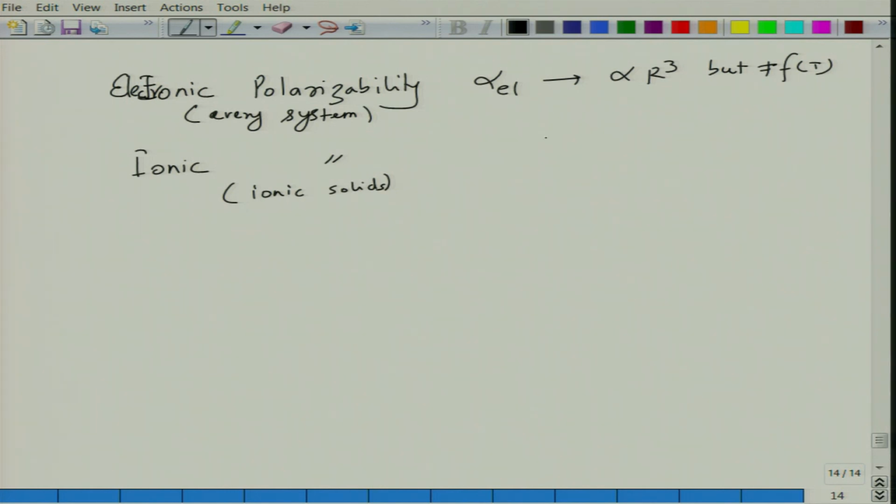In the solid form, there we consider alpha I, and this is proportional to 1 over y, but again it is not a function of temperature. Then we have dipolar polarizability.